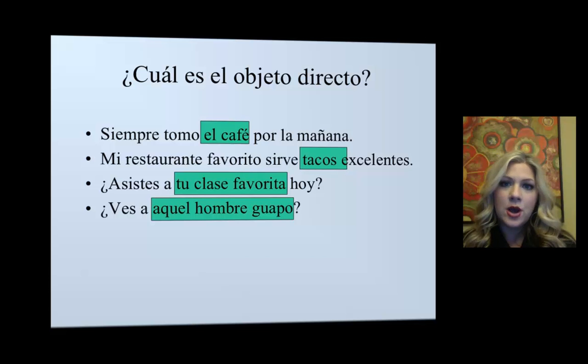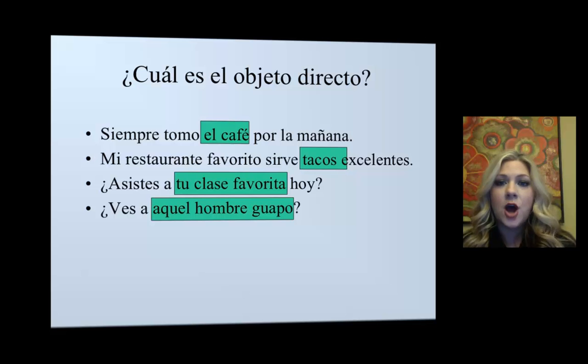Now we also have something called direct object pronouns. And as you know from Spanish 1, a pronoun is just a smaller word that takes the place of a noun. So we learned in Spanish 1 subject pronouns. Instead of Maria habla español, we can say ella habla español. That's a subject pronoun.